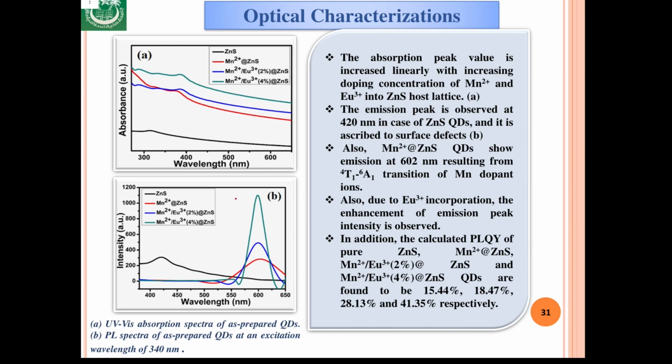On the other hand, the incorporation of manganese in the zinc sulfide quantum dots leads to the emergence of a new peak in this PL emission spectrum centered around 600 nanometer, whose intensity was found to increase with the further incorporation of europium 3 plus ion doping of 2%, and which was further increased with the increase in the doping of the europium 3 plus ion to 4%.